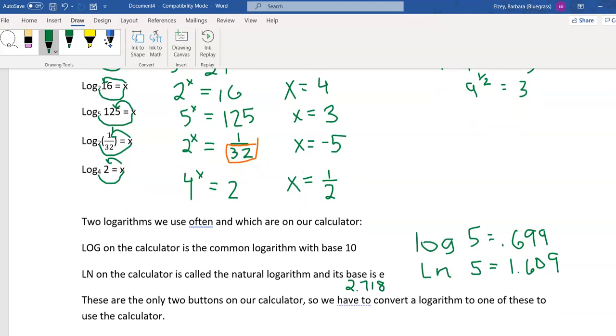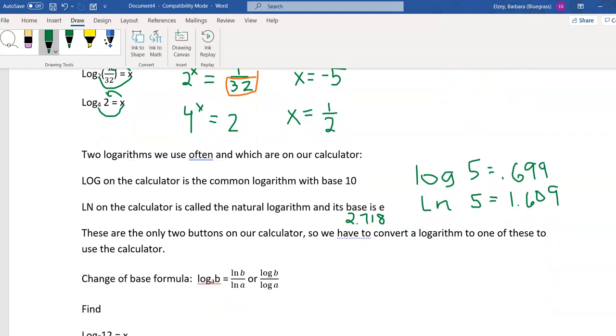All right, so since these 2 buttons are the only logarithms we have in our calculator, we use something called a change of base formula. So we can change any of the problems that we had up above into either the LN button or the LOG button. So let's notice, here's our formula, log base A of B. We use either the natural log button or the log button.